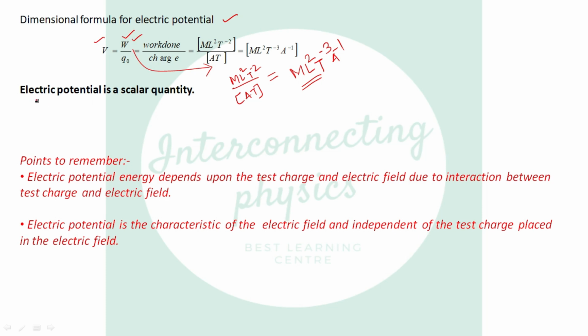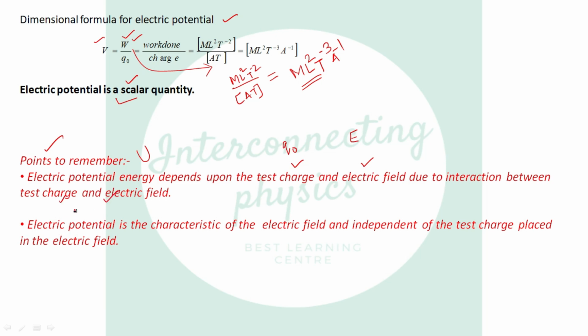Now electric potential is a scalar quantity. Electric potential is always a scalar quantity. Now the points to remember here: electric potential energy, that is U, depends upon the test charge and electric field, due to the interaction between test charge and electric field.